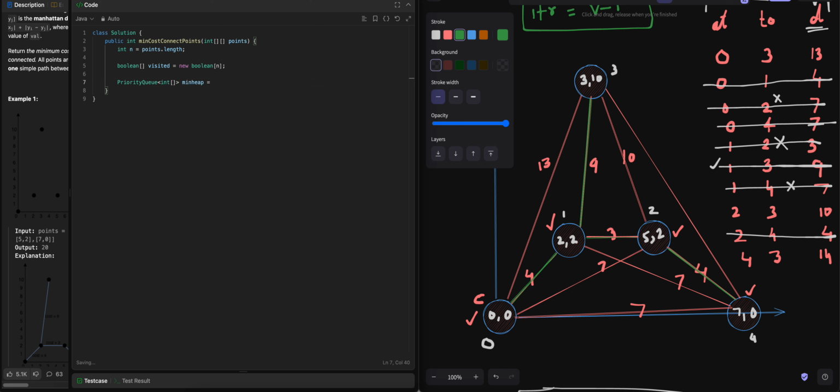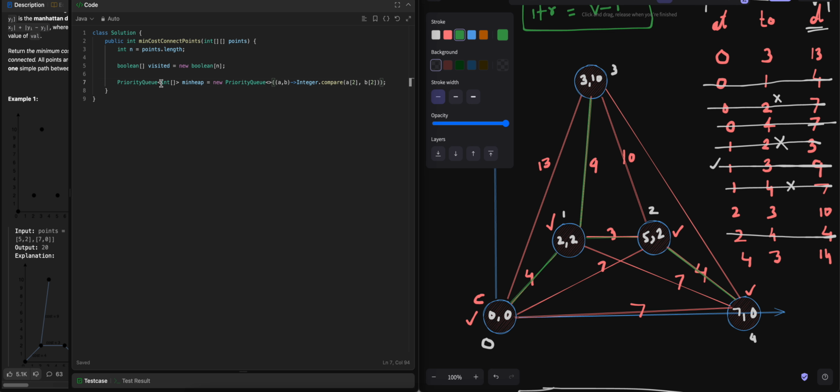Now we have a new priority queue, and I'm going to write the comparator here itself: Integer.compare, a[2] minus b[2]. What this is doing is basically creating a min heap.